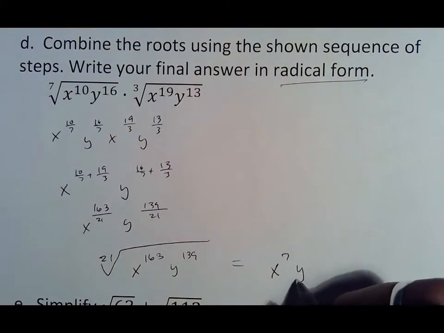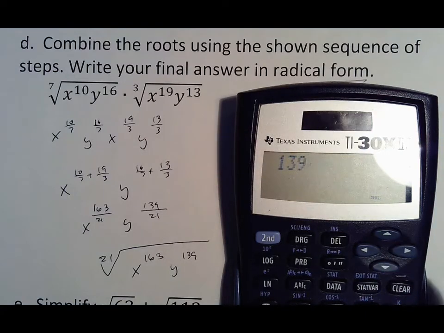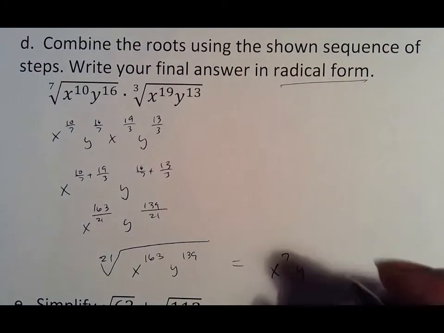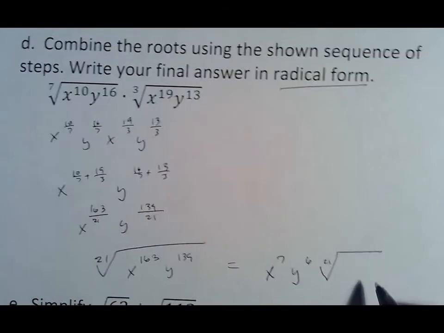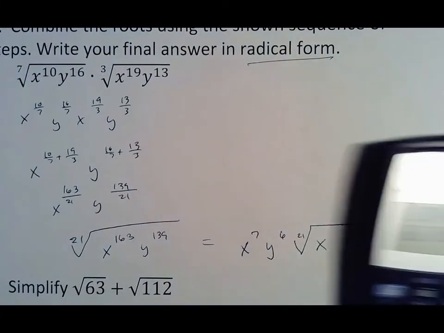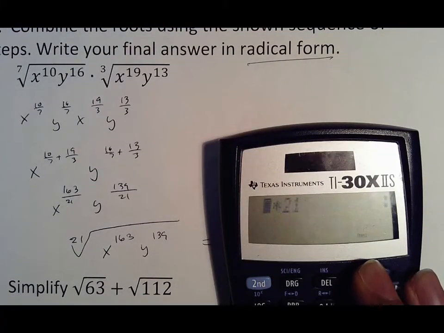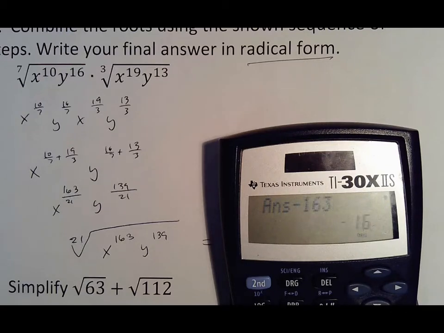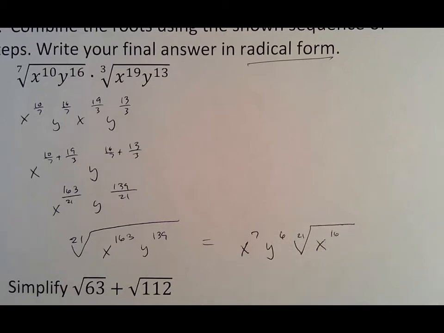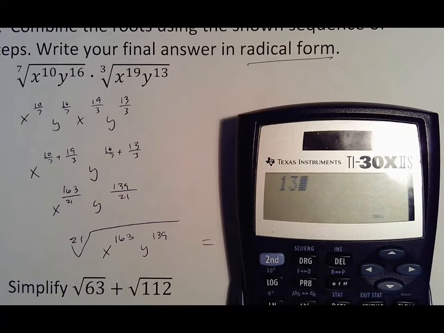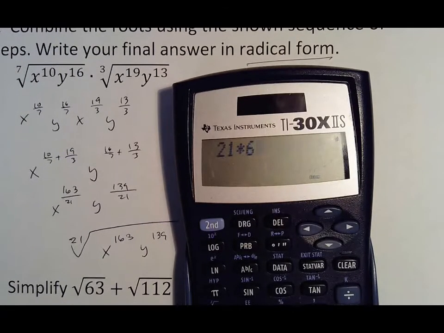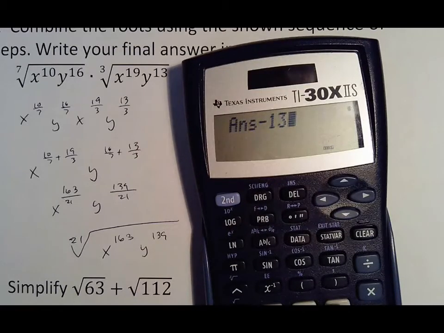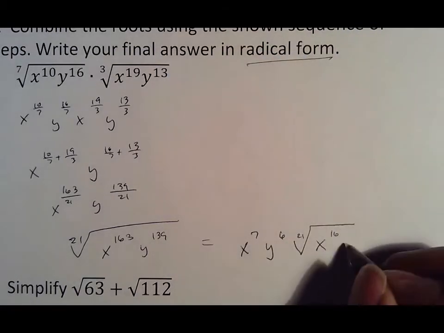I'll deal with this first. 139 divided by 21 is 6 times the 21st root of x to the... of course I didn't get that. 7 times 21 minus 163, which is 16 left over here, and 139, I'm sorry, what was that? 21 times 6 minus whatever I had, which is 139, which is 13 left over.